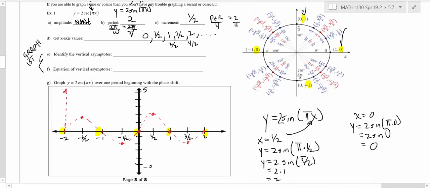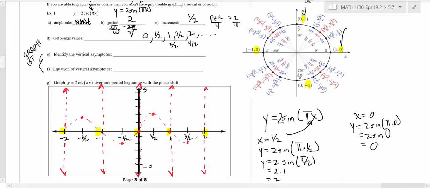So we have one at -2. We have one at -1. And we have the y-axis is an asymptote. And we have one at 1. And we also have one at 2 like that. Okay, so you can figure out your asymptotes on a cosecant or a secant just after you graph. Okay, and then we got it.